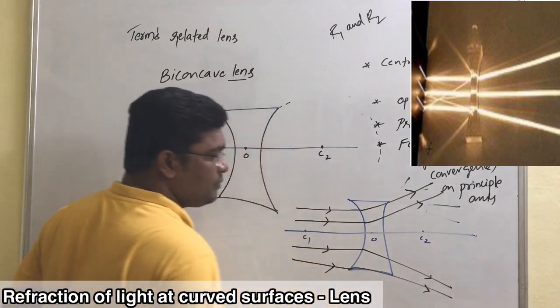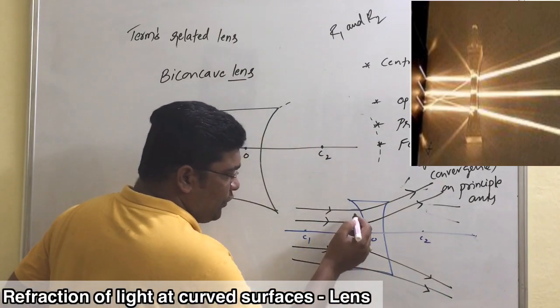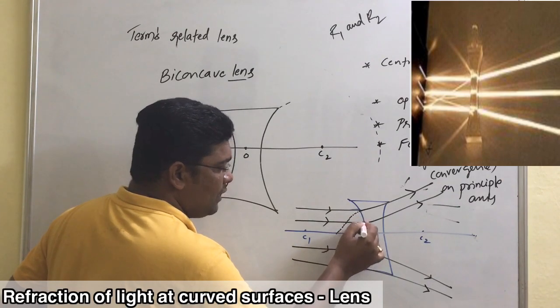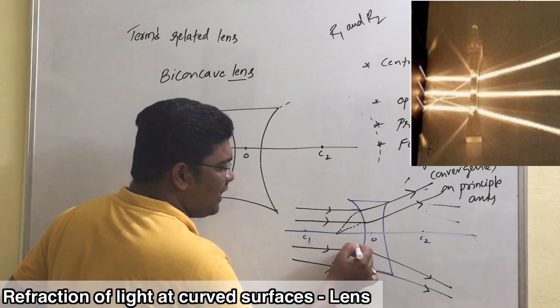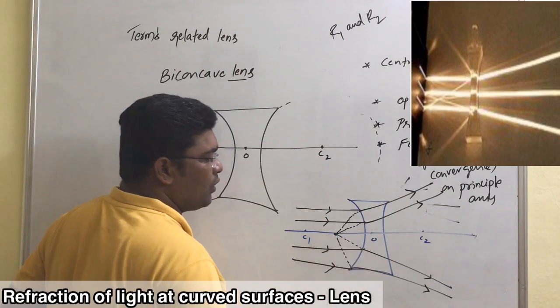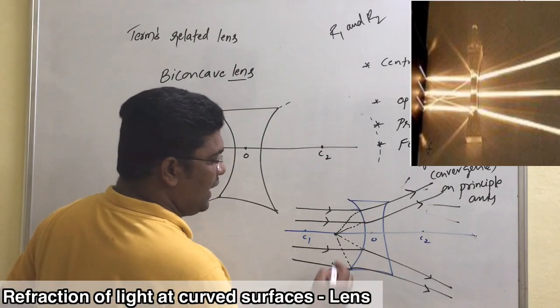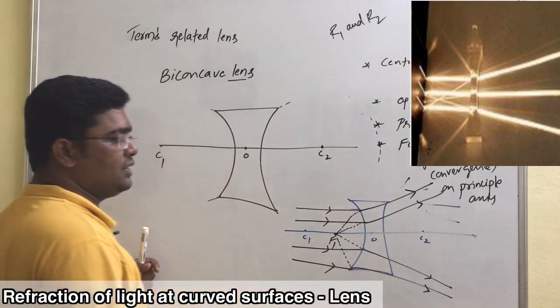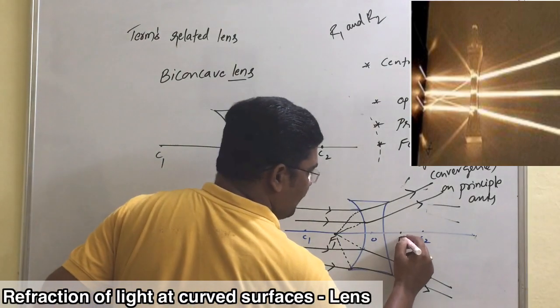They diverge. So what we do in this case, we extend back. When we extend the refracted rays back, all the refracted rays intersect at a particular point on the principal axis. This point of divergence we call focus, that is F1 and F2.